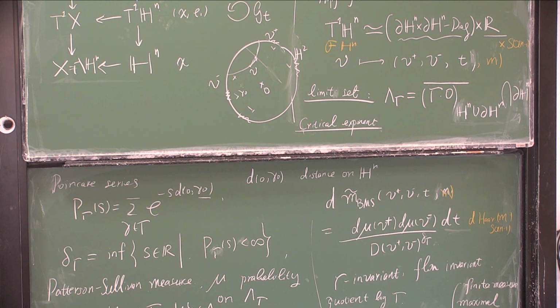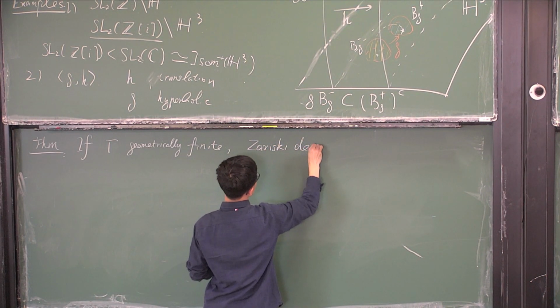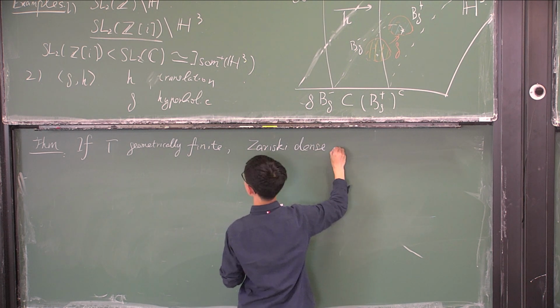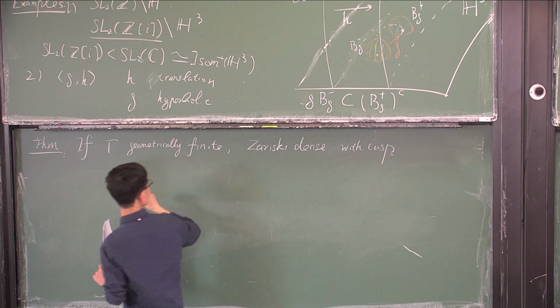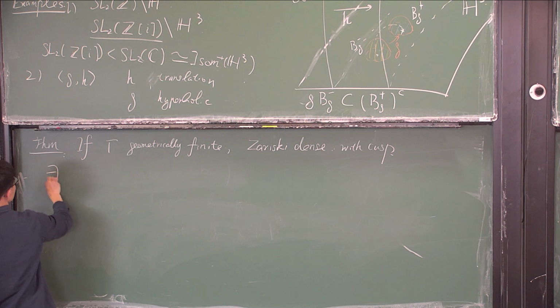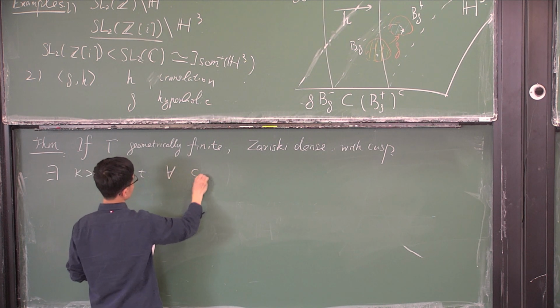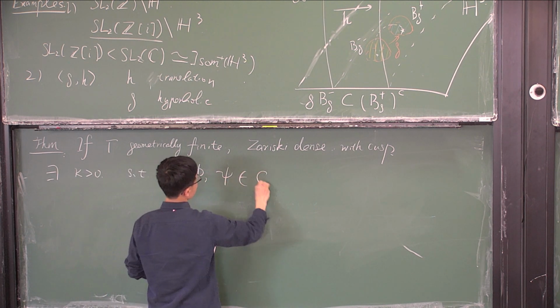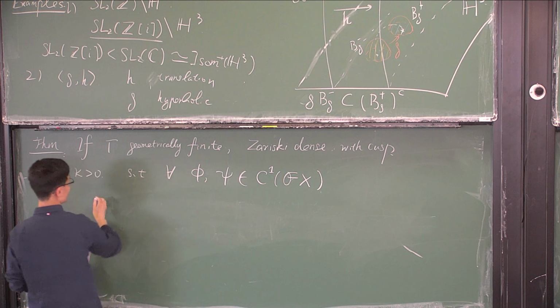If gamma is geometrically finite, and at some point Zariski dense, then there is some kappa positive such that for any two observables psi and phi, which are C1 functions, you look at the correlation.